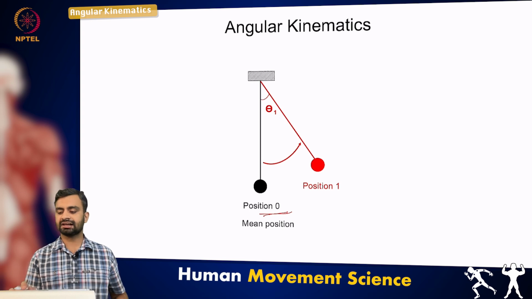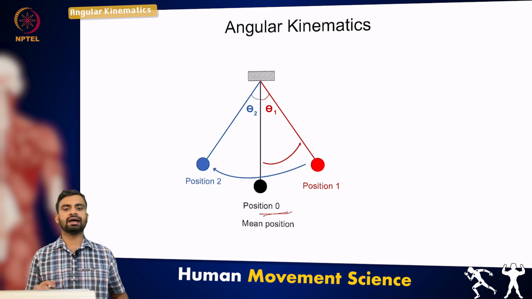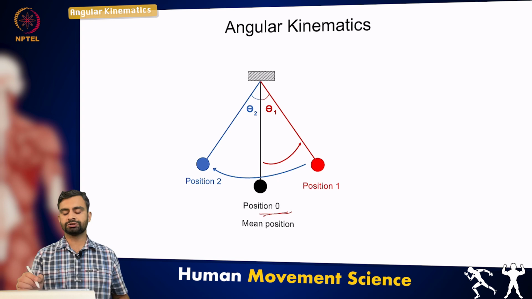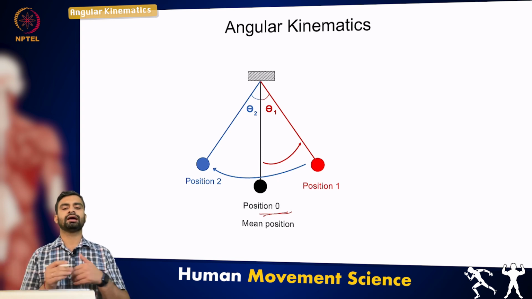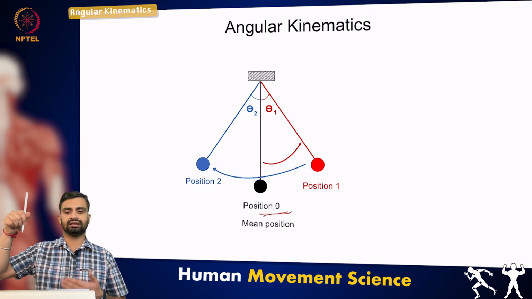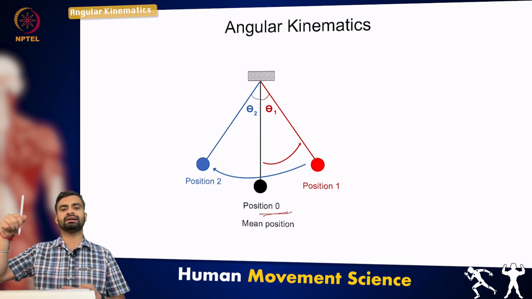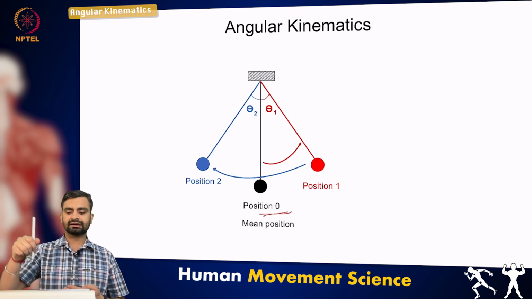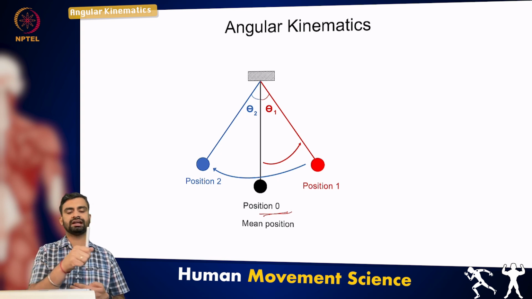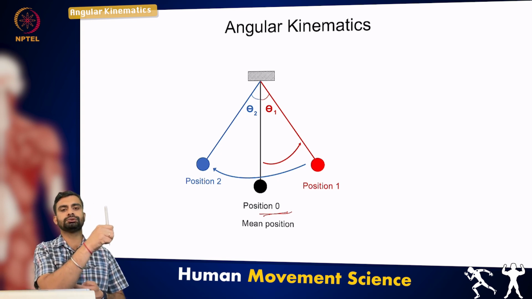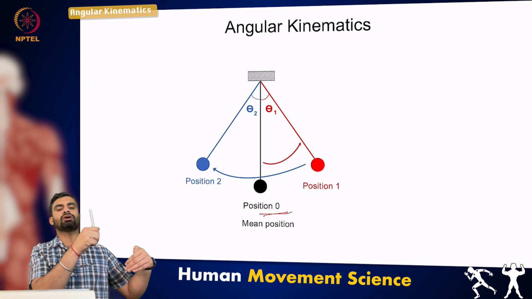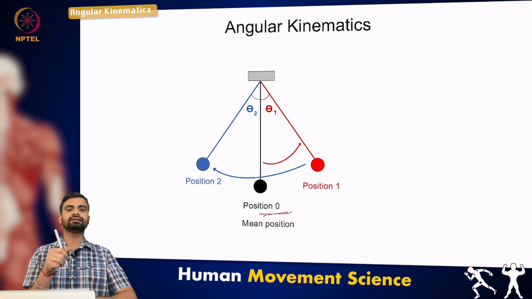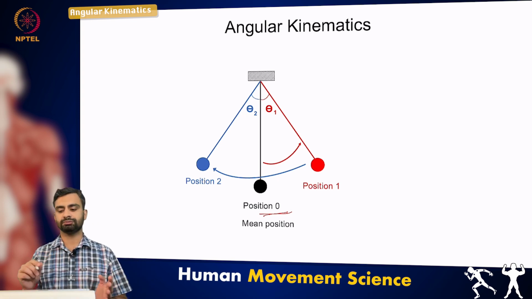After a certain amount of time, the object comes back to the mean position and then goes to position 2, in a clockwise direction by an angle θ2 from the mean position.